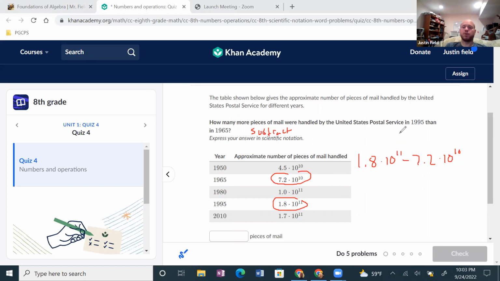Okay, so before we can subtract these, we need to make the exponents the same. So how could we make this exponent into 11? Well, what I like to do is think, how many zeros does this have right now? Right now, this would have 9 zeros, because times 10 to the 10th means move the decimal place 10 times. The first time is going to move it after the 2 and then 9 more times.